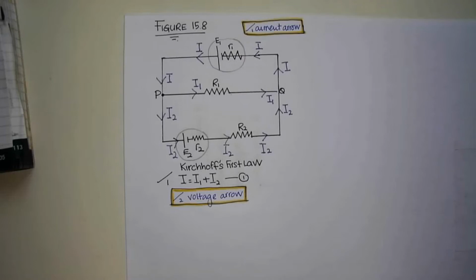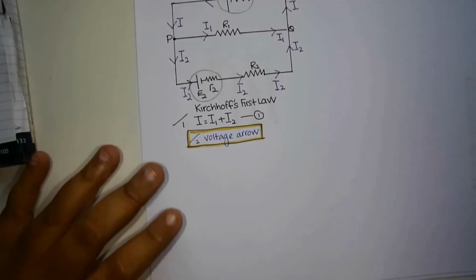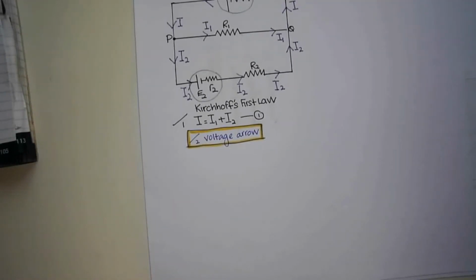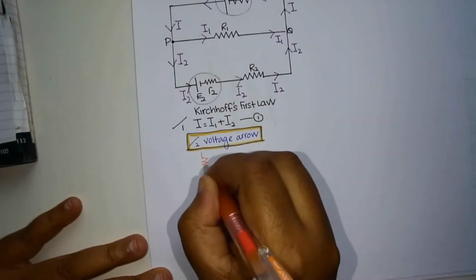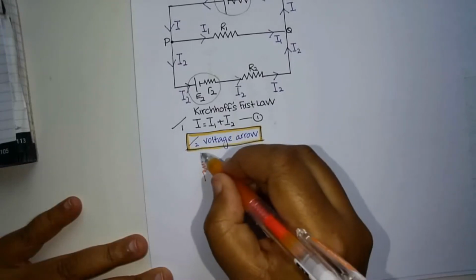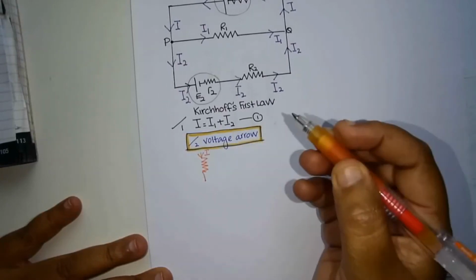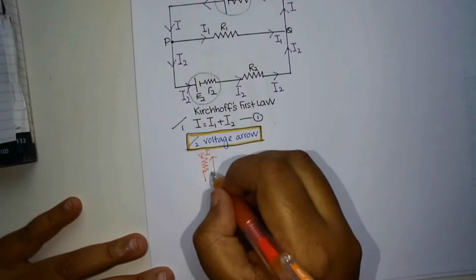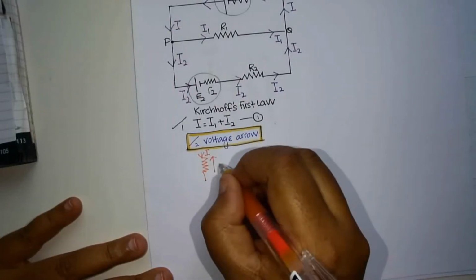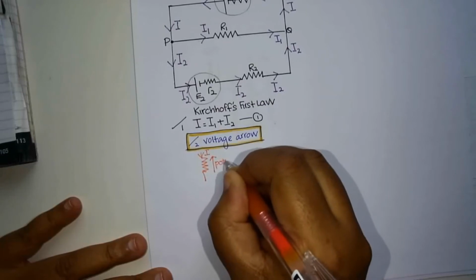Okay, flashback that we have studied before under voltage arrow. What was the flashback? The flashback was for a resistor: if the current is in this direction, then the voltage arrow will be in the opposite direction of the current, for potential rise.